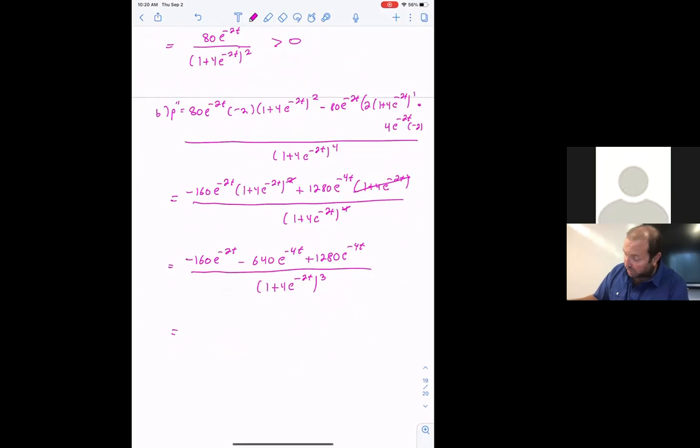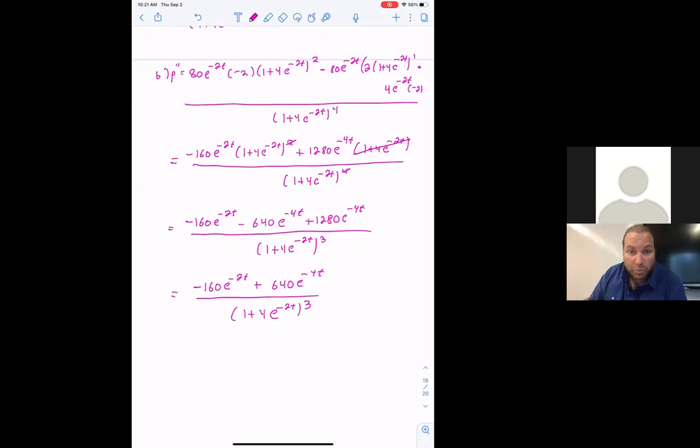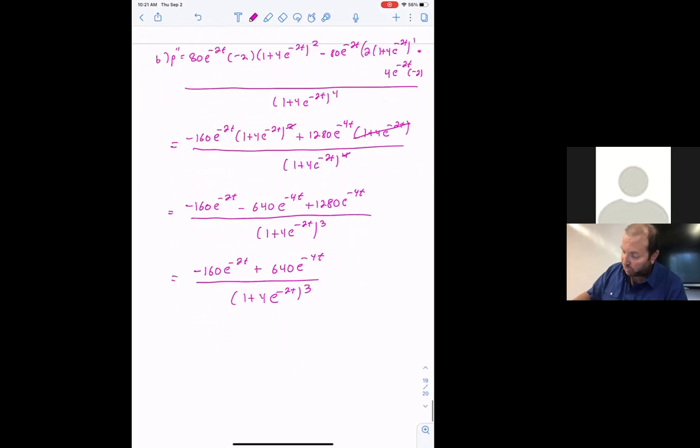So we get negative 160 e to the negative 2t plus 640 e to the negative 4t, all over 1 plus 4e to the negative 2t cubed. Find when the second derivative is equal to 0. A fraction is equal to 0 when the numerator is 0.